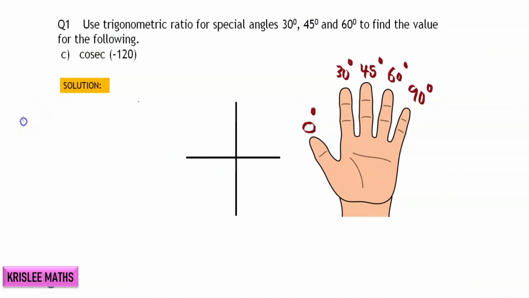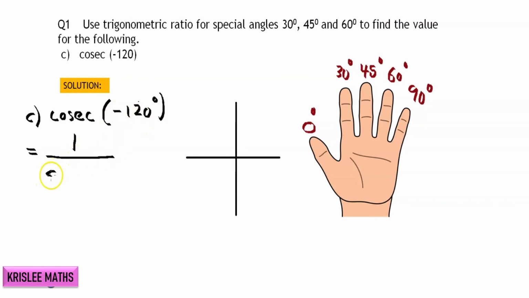Okay, question C. You are asked to find the value of cosecant negative 120 degrees. Remember, cosecant is the reciprocal of sine. Therefore, you can rewrite cosecant negative 120 as 1 over sine negative 120 degrees.